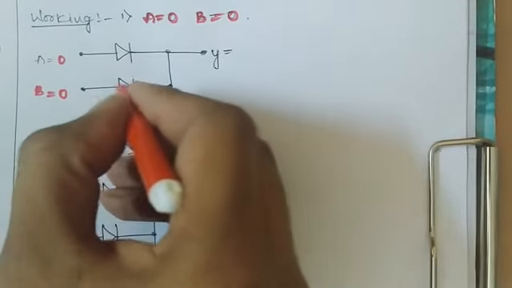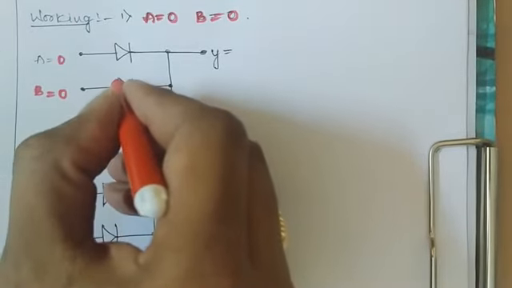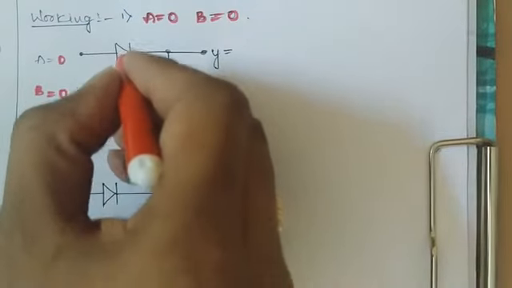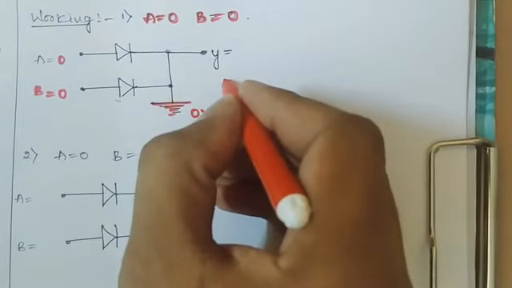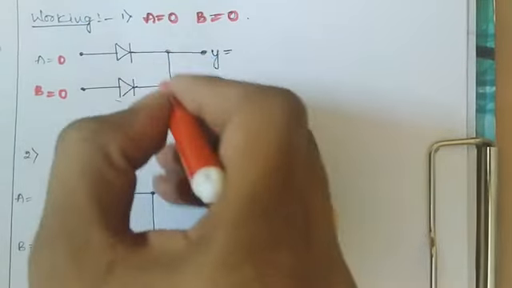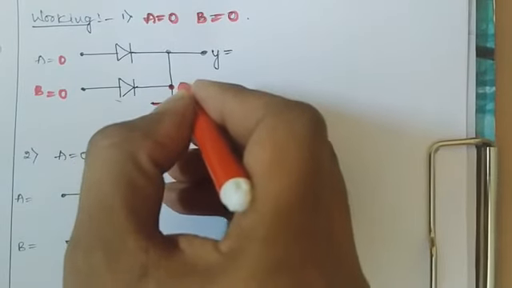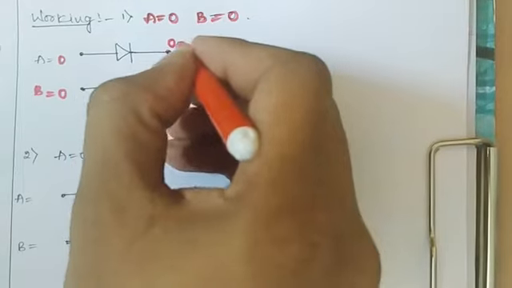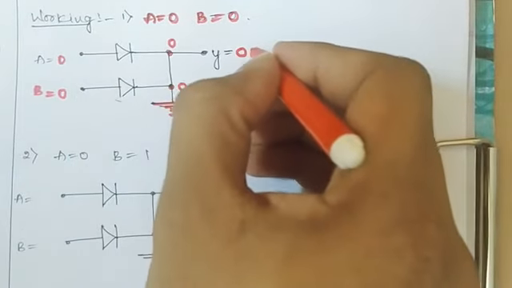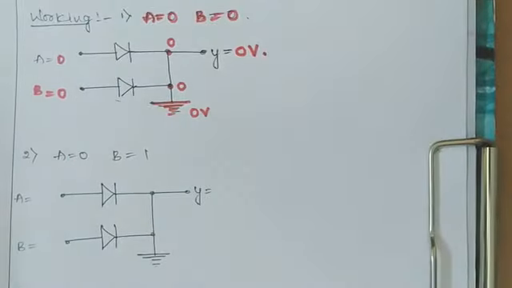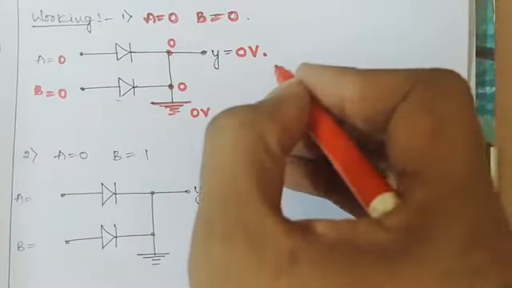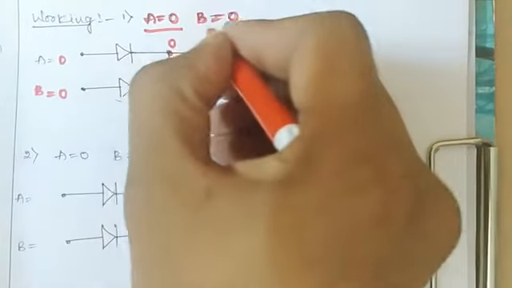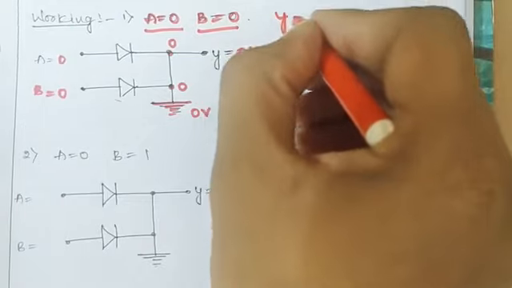There is no potential difference across either diode, so both diodes will not conduct. The potentials are 0, so the output also has potential 0. So for input A equal to 0 and B equal to 0, we get output Y equal to 0.